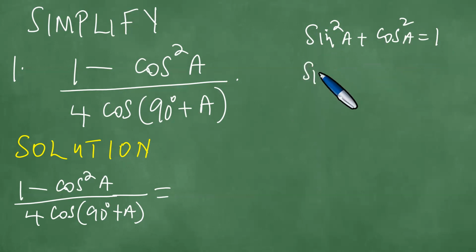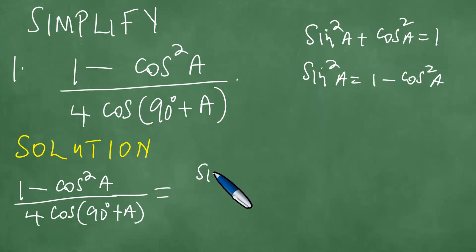So 1 minus cosine squared is sine squared, by using the Pythagorean trigonometric identity. Now, in which quadrant is 90 plus a?